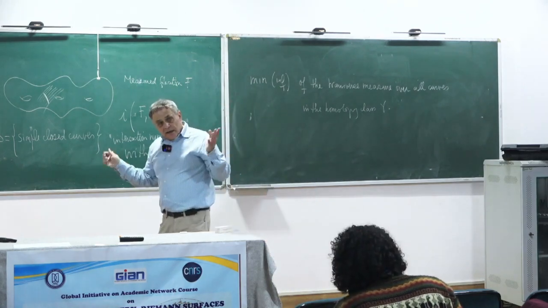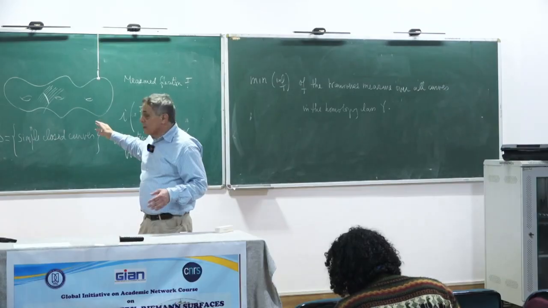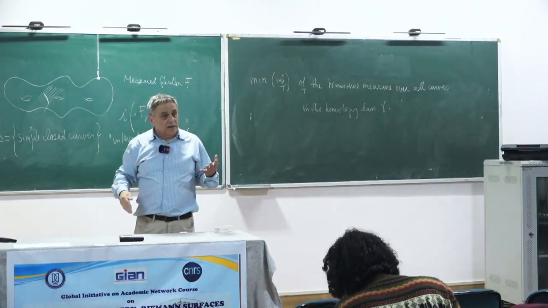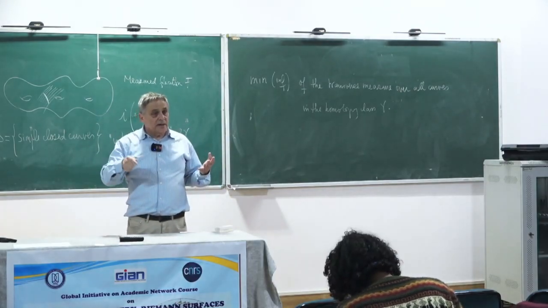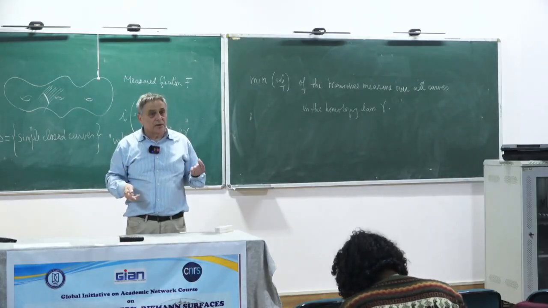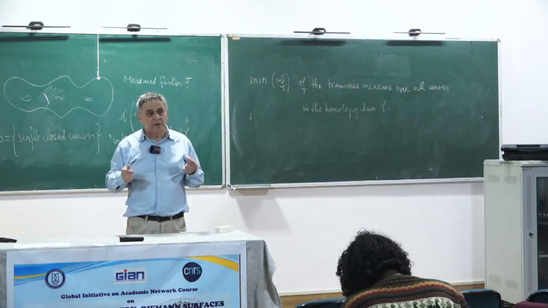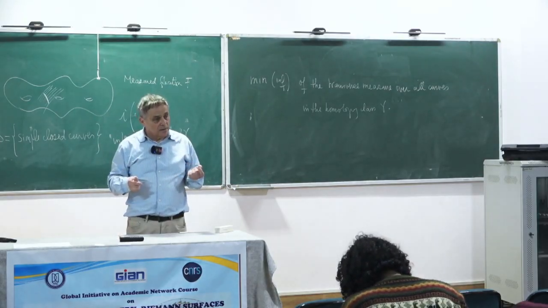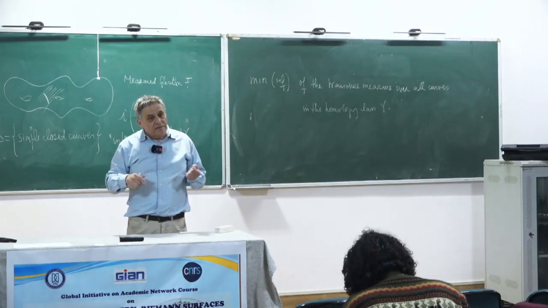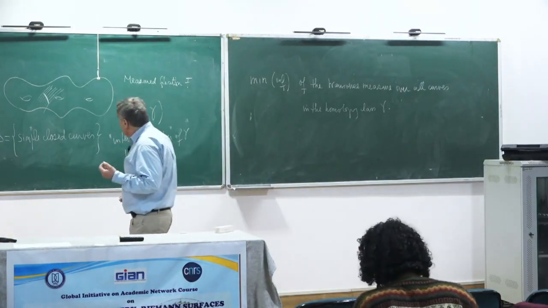Okay, let's come back to hyperbolic geometry. If the surface is equipped with a hyperbolic structure, and I take a simple closed curve gamma, then I can get a number which is its length, the length of gamma with respect to this hyperbolic structure. Now, instead of a hyperbolic structure, I have a measured foliation.